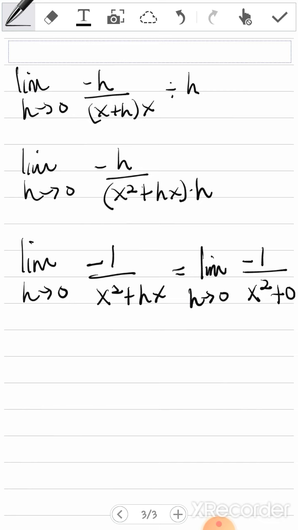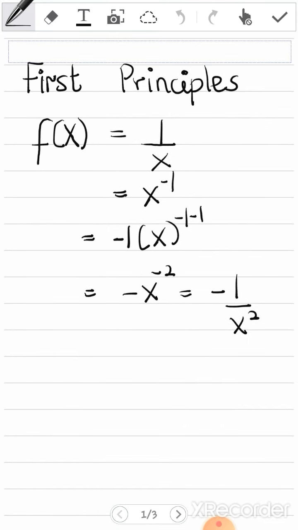Can you see that? So we are done with that part. That means we're going to get negative 1 over x squared, which is the same as negative x to the power negative 2. Yep, we've come back to the main thing that we solved using the normal differentiation.